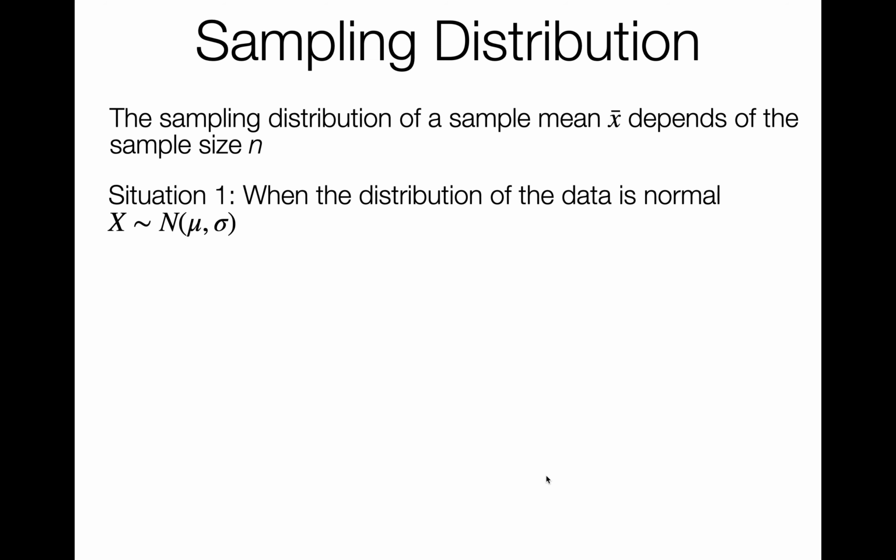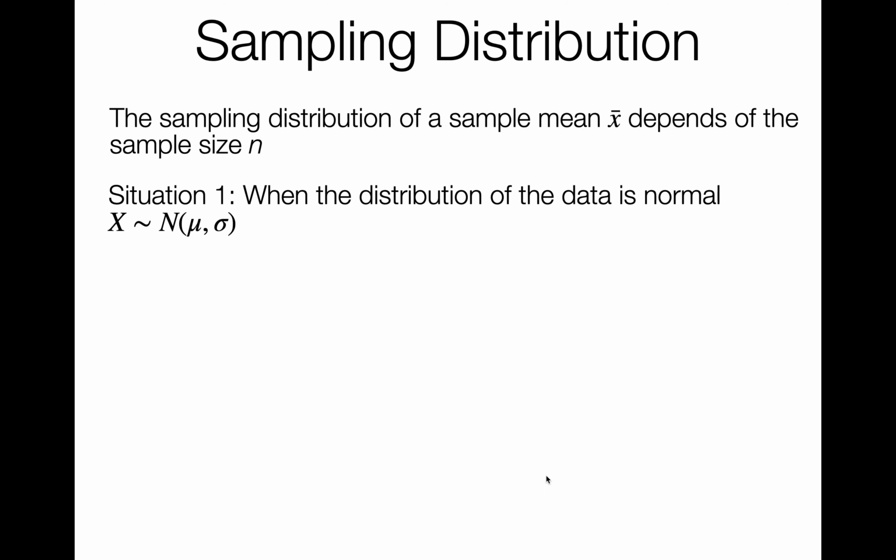When the distribution of the data, that parent population, is normal, as an example, I have that X here is normally distributed with a mean of mu and standard deviation of sigma.